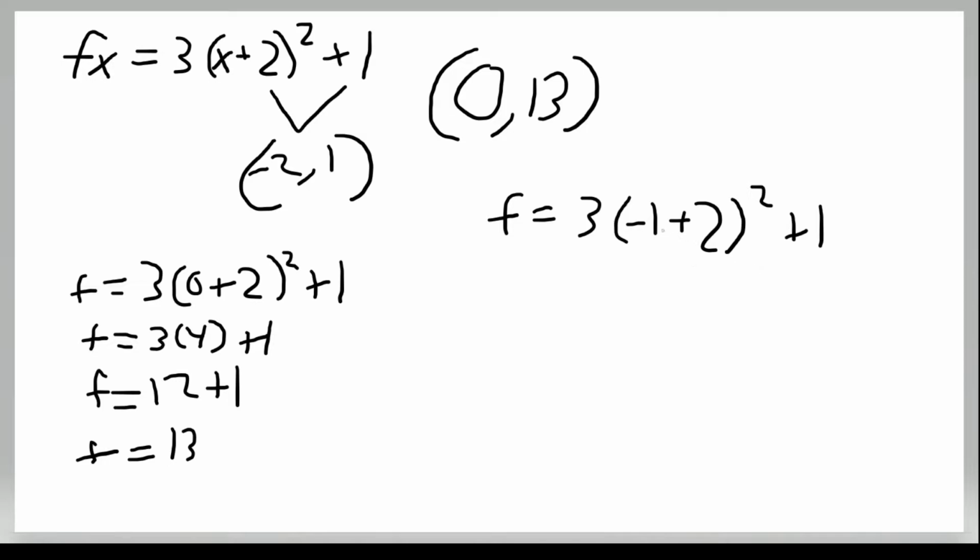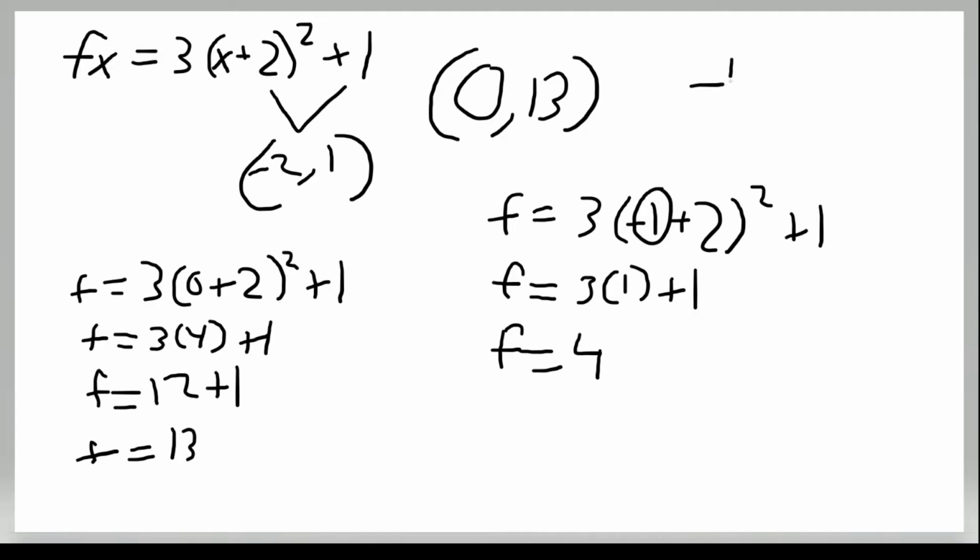Now, negative 1 plus 2 is 1. 1 squared is 1, so it's going to be 3 times 1 plus 1. This, of course, is going to equal 3 plus 1. That's 4. So f equals 4. That is our second point, where since we have a negative 1 here, it's going to be negative 1 in the x place and 4 in the y place.